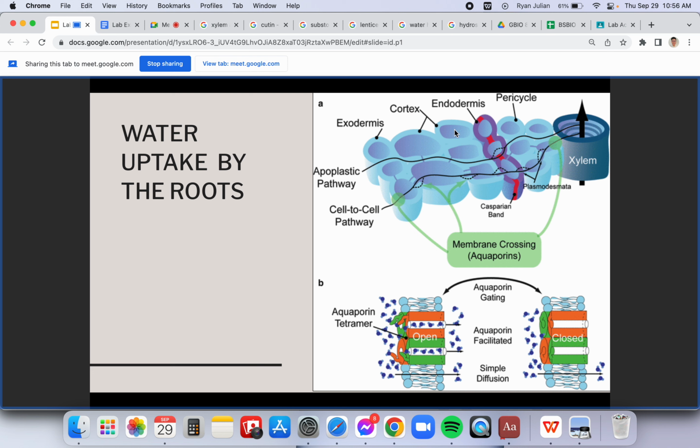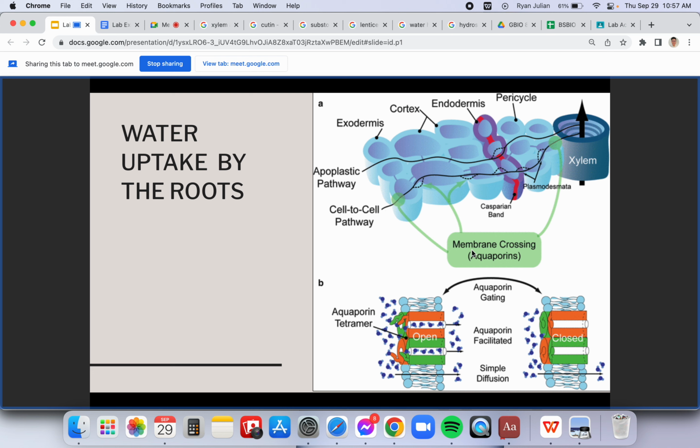So this is the general structure of the plant's roots. Present here is what we call the cortex, and at the lateral portion of it, you can see the exodermis. And on the medial region, you can see the apoplastic pathway where water is being transported, as well as the pericycle, which are the dotted holes that can be found on the surface of the exodermis.